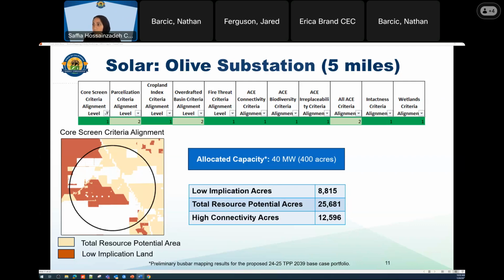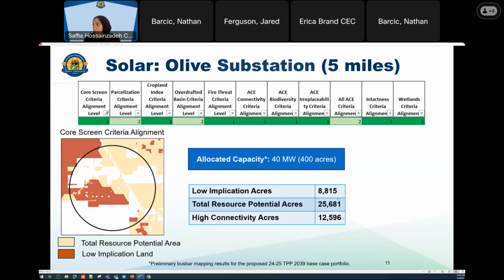That low implication area is fundamental to the core screen criteria alignment level. And that's what I'll go through here, along with the high connectivity or the ACE connectivity criteria, to describe how the metrics that we calculate get translated into the criteria alignment level score.